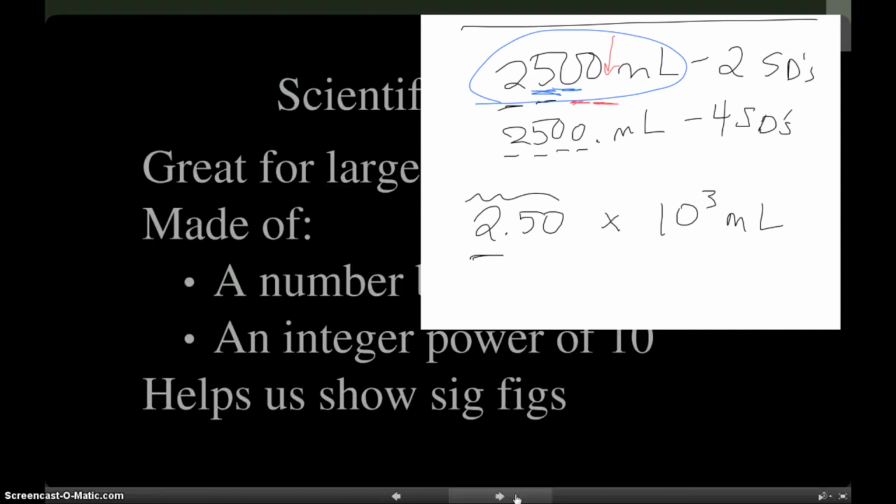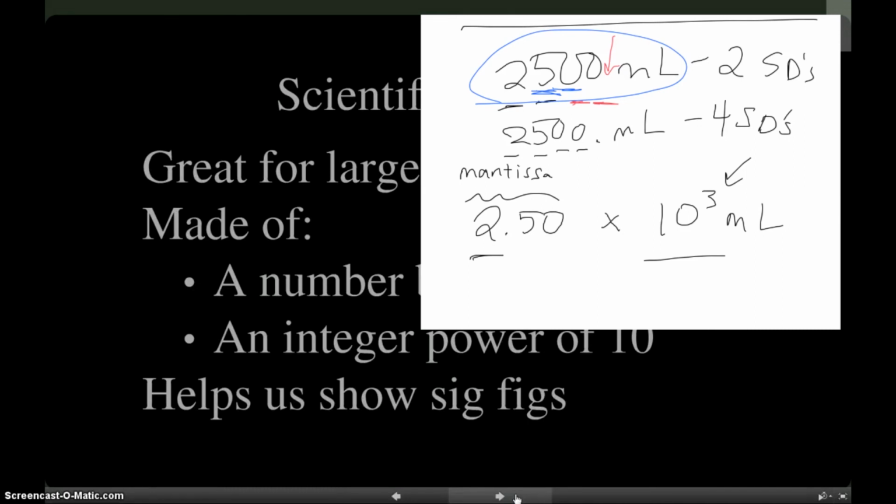This part actually has a special name. It's called the mantissa. That's just a bonus for you. That's some number between 1 and 10. It's got to be less than 10, a decimal or not. And then a power of 10 with an integer there. An integer is 1, 2, 3, -1, -3, -10. It's a whole number, either positive or negative.